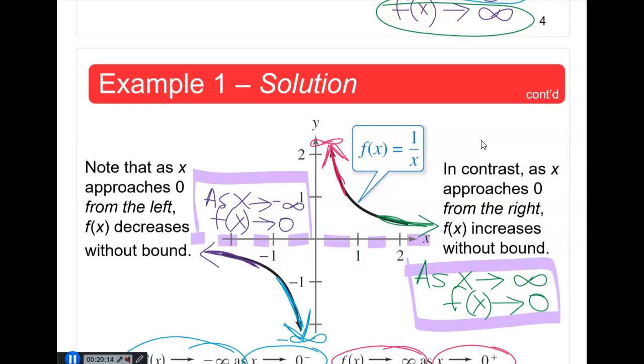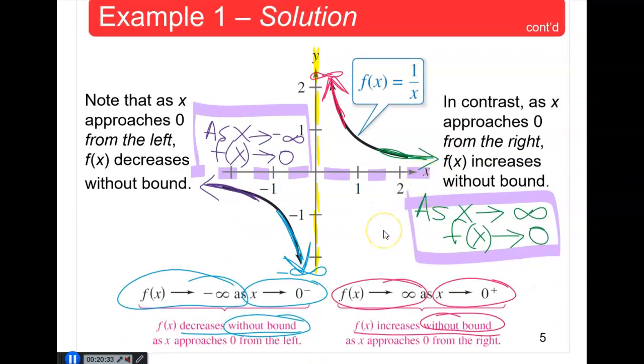The vertical asymptote, what color should I use? Let's use this. Will be here. And it comes from the fact that we have the opposite behavior, one going to negative infinity, the other one going to infinity.